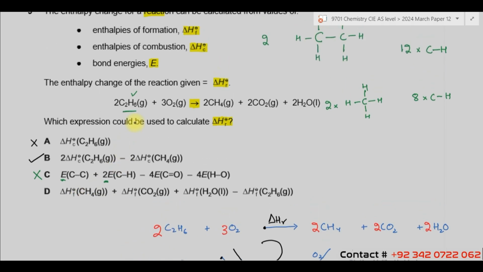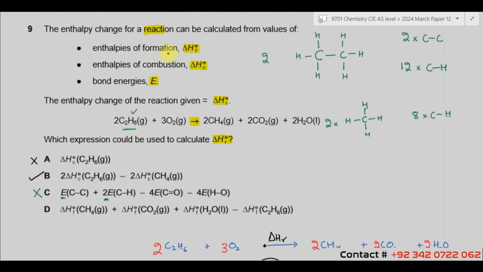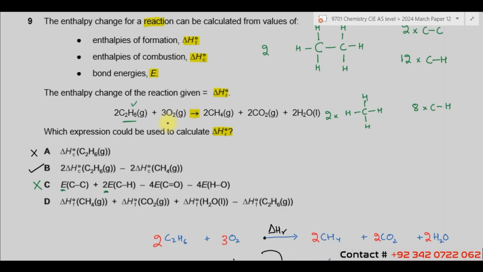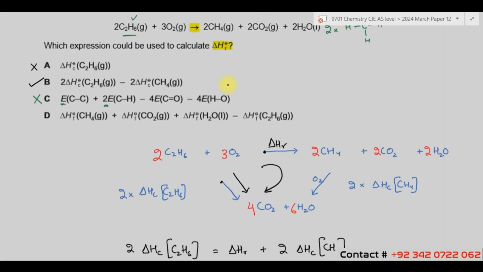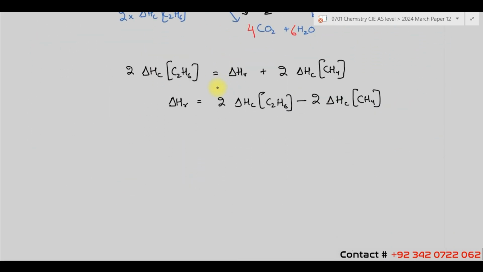Then we have third method, which is for enthalpy changes of formation. Let's do the same for this equation. So first the equation, we have C2H6, oxygen, it forms CH4, carbon dioxide and water.